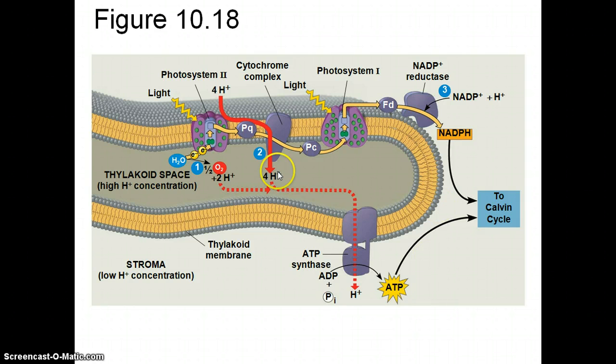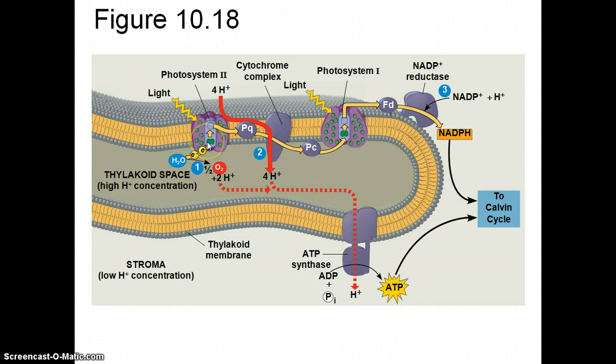Another part of this process that I want to point out now has to do with the production of ATP. So what's happening at this beginning stage right here, as light is exciting the electrons, is part of what is called the reaction center of the photosystem.